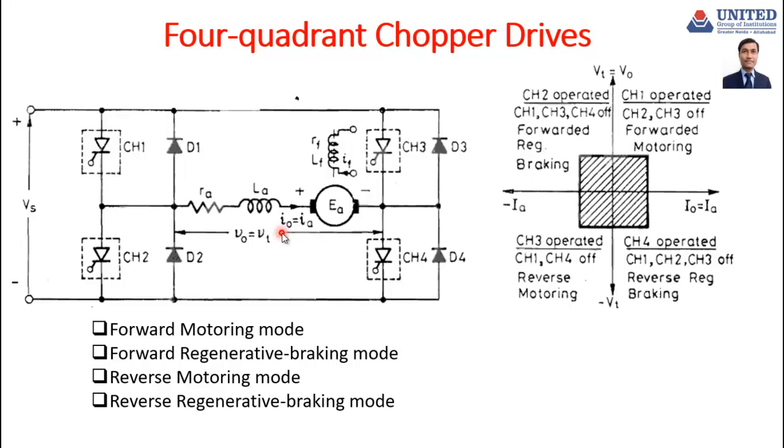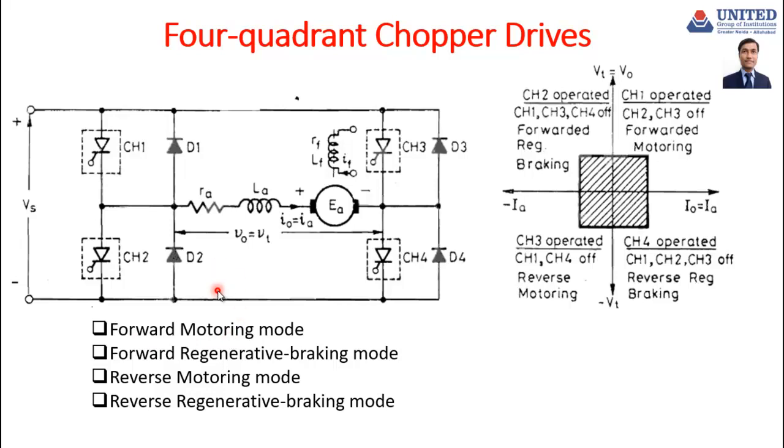The operation of the 4-quadrant chopper drives can be explained in 4 modes of operation. First, forward motoring mode of operation, second, forward regenerative braking mode of operation, third, reverse motoring operation, and fourth, reverse regenerative braking mode of operation. Now let us see the forward motoring mode of operation.